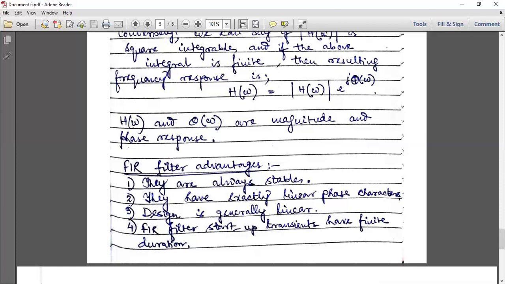In practice, an FIR filter is employed where there is a need for linear phase characteristics within the passband of the filter. If linear phase characteristics are not required, either FIR or IIR filters may be chosen.